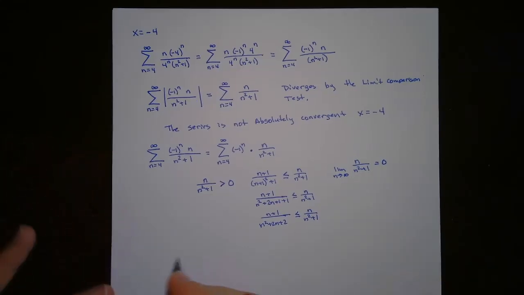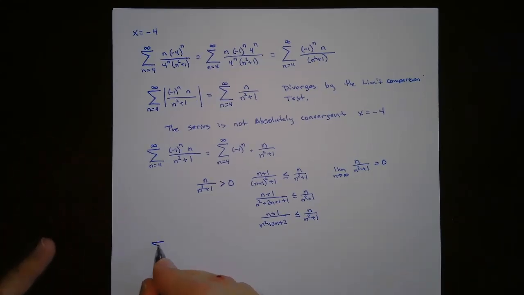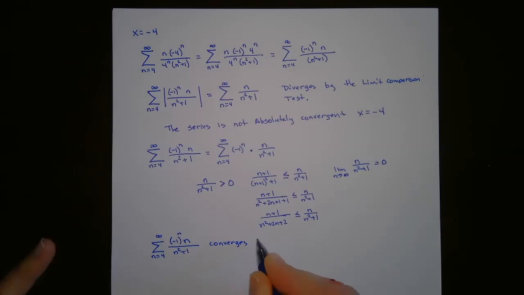So the sum from n equals 4 to infinity of (-1)^n times n over n squared plus 1 converges by the alternating series test.